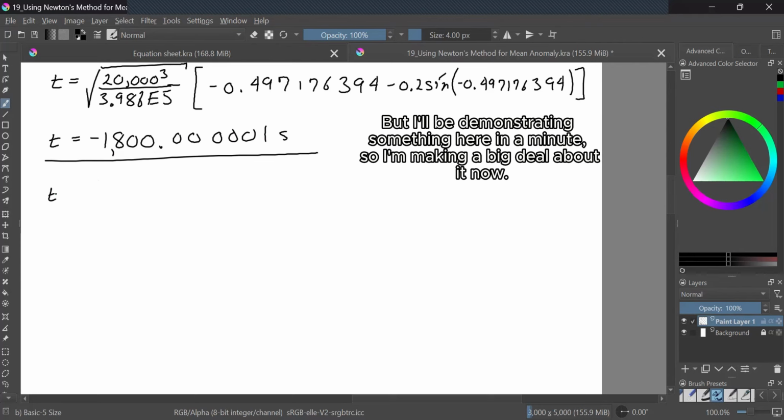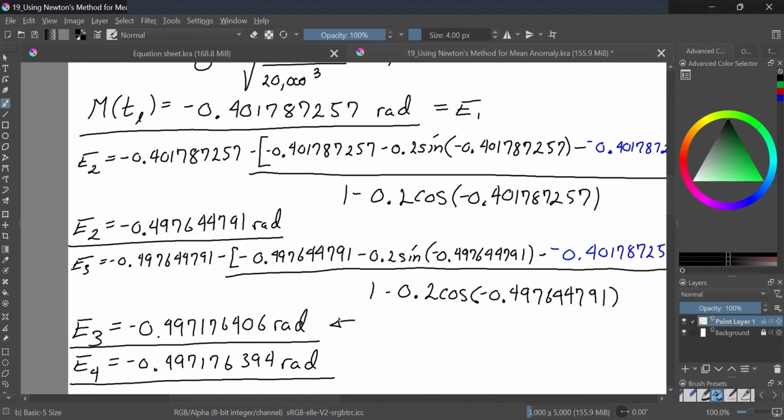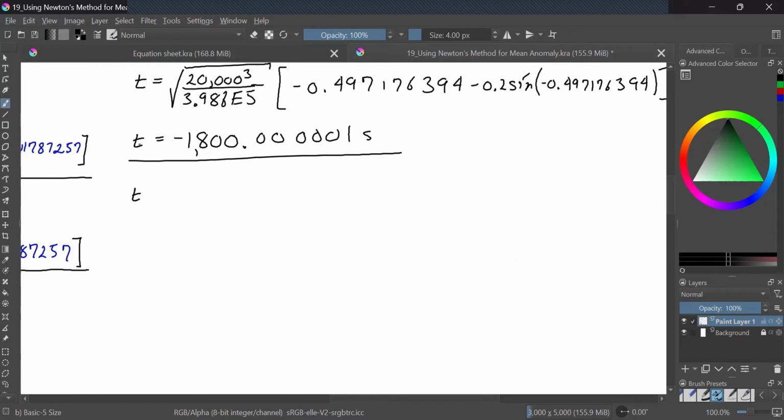And because I was curious, I also ran the numbers for our third value. Let me go ahead and do this and that. And, oh, sorry, not that. If you stopped one iteration sooner, you will also have minus 1800 seconds plus an additional 0.000045 seconds.